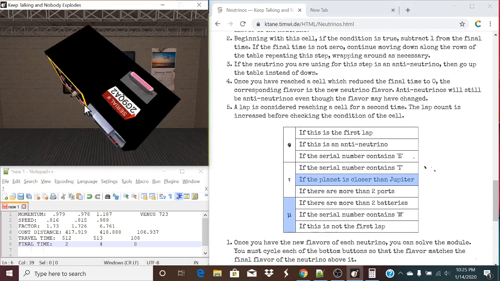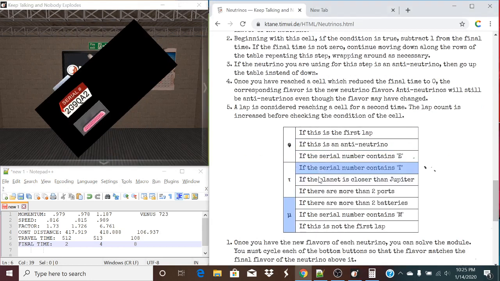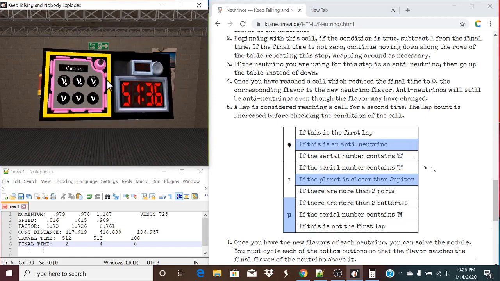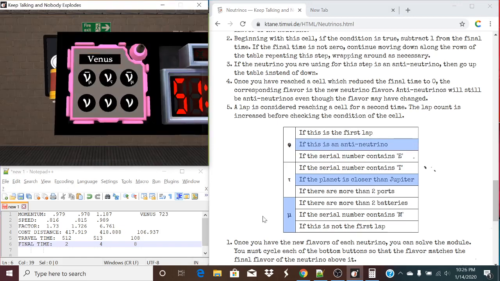Next up, serial number contains a tango? I'll leave that marked. No, it does not. Serial number contains an echo? No, it does not. This is an antineutrino. For these two, yes, they are antineutrinos. So we're going to subtract 1 from both of them, giving a 1 and a 7.